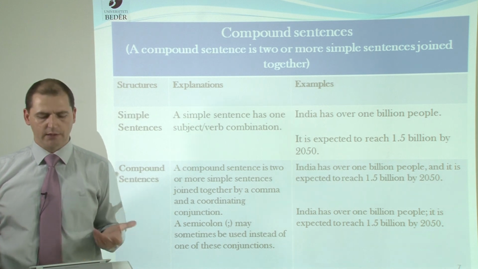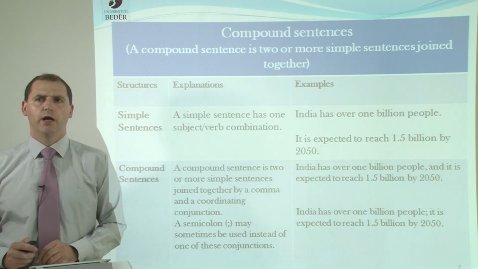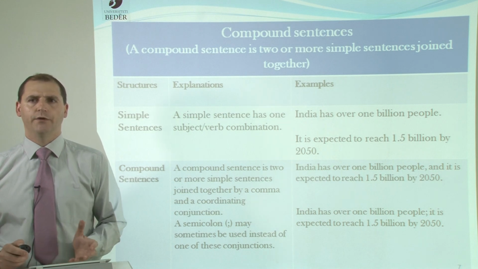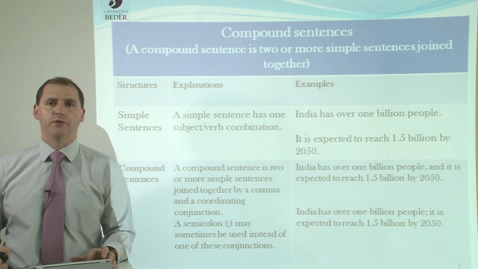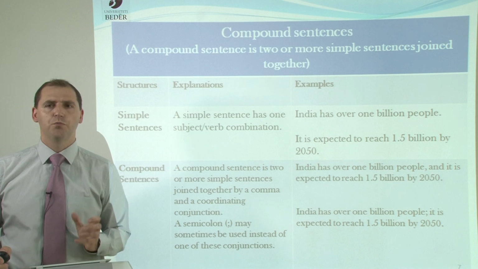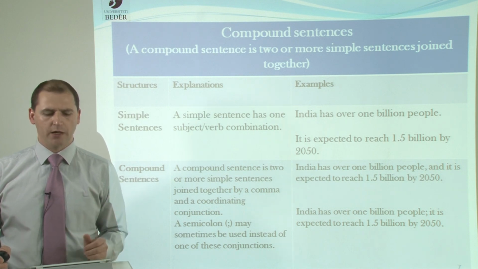So, as we discussed before, in a simple sentence we have one subject and one verb combination. What about the compound sentences? A compound sentence is two or more simple sentences joined together by a comma and a coordinating conjunction.